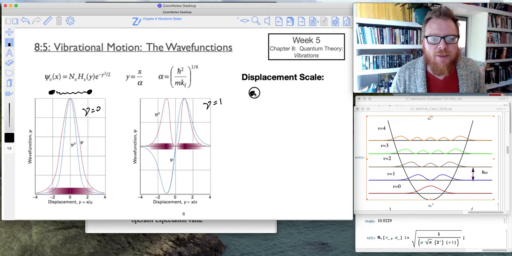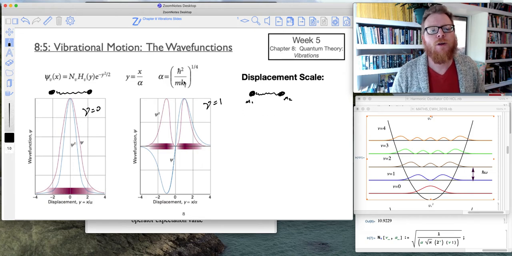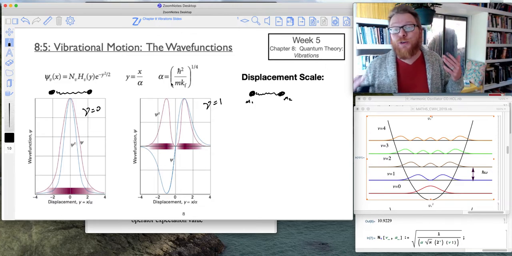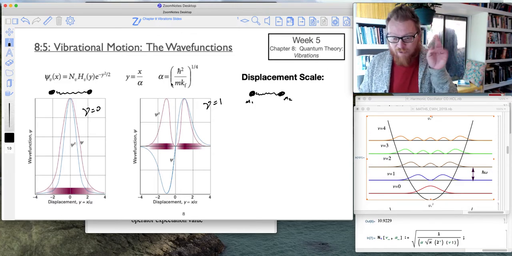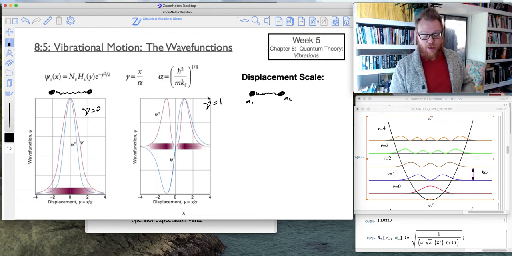Because what you might be thinking right now, I've been drawing these two masses on a spring, M1 and M2. So what does that mean for M right there? Okay. Well, recall, we have to use the reduced mass when we have a two-body problem like this. So this M we're talking about here is the reduced mass of our two masses, all right?